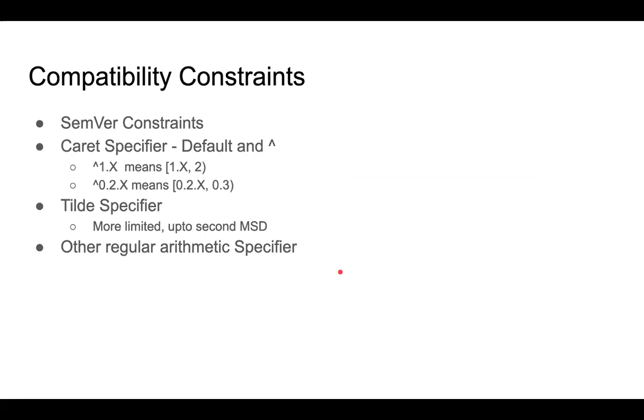So now we'll talk about compatibility constraints. Julia follows Semver constraints. Semver is a general rule that different package managers follow. Semver means semantic versioning.